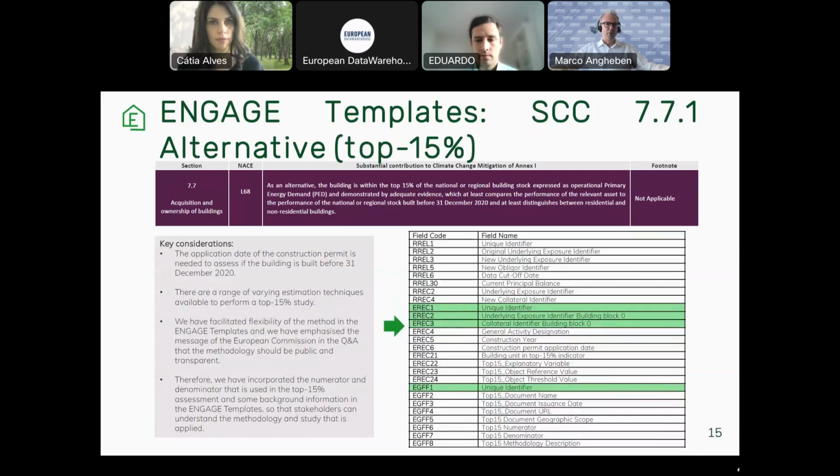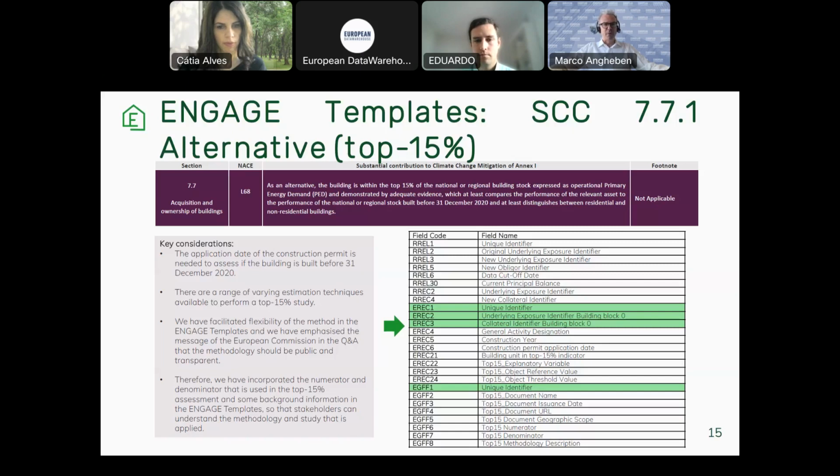Okay, now talking about the top 15%. This is very important for the buildings that have been built with a construction permit before the 31st of December 2020. There are a range of different estimations regarding the techniques to perform a top 15% study, but we have tried to be flexible in terms of the templates itself.